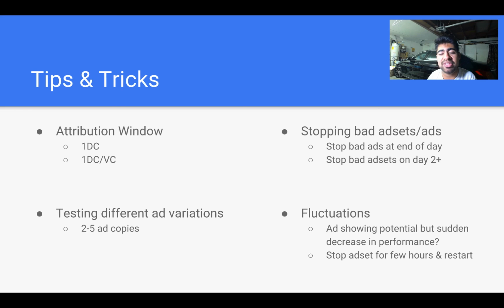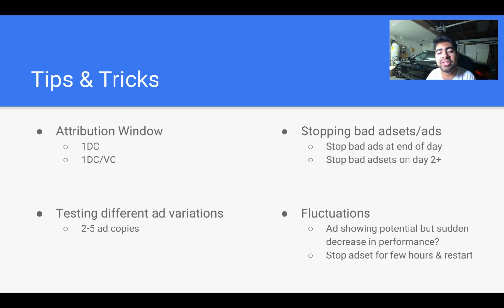And if the results are the same the next day, meaning bad results, you want to stop that ad set within the CBO for a few hours. After a few hours have gone by, you want to restart that ad set. What I have noticed is that restarting a winning ad set from scratch after it has performed poorly actually re-optimizes the ad set, and in most cases it starts to perform well again. So this is definitely worth a try when it comes to a CBO and the ad sets within the CBO.